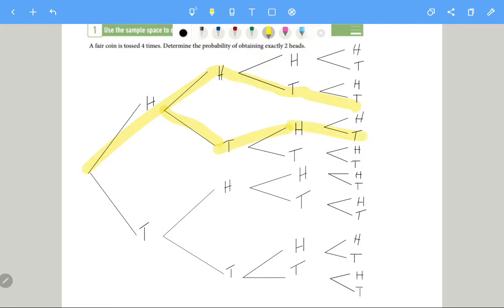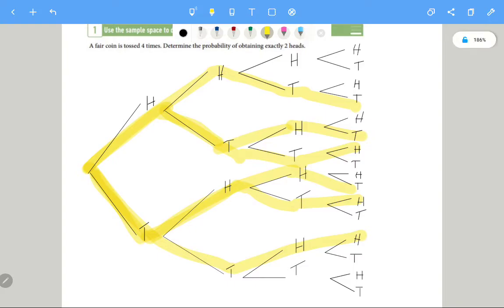So heads, tails, heads, tails. We could get a heads, a tails, another tails, but finish with a heads. We could start with a tails, get 2 heads in a row and then a tails. We could get a tails, heads, tails, and then another head. We could get 2 tails and then 2 heads.